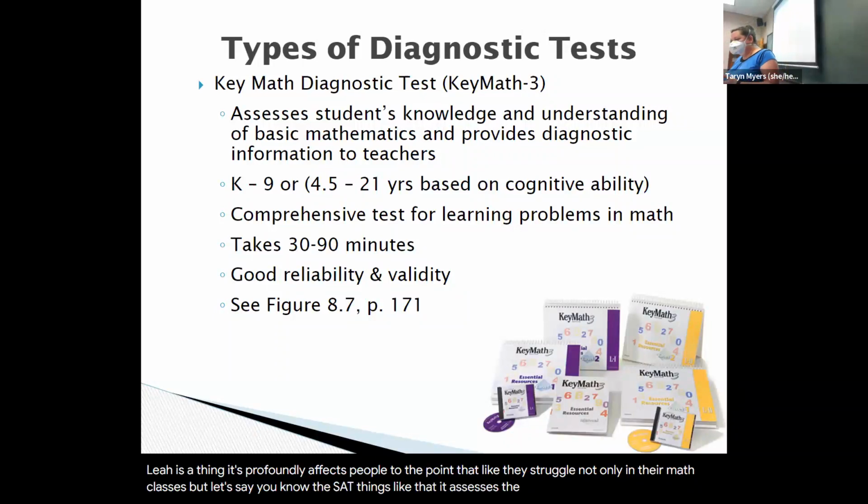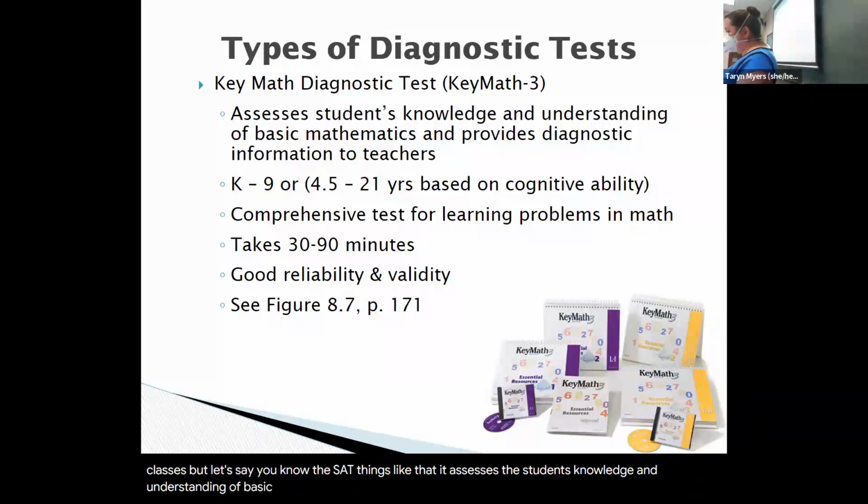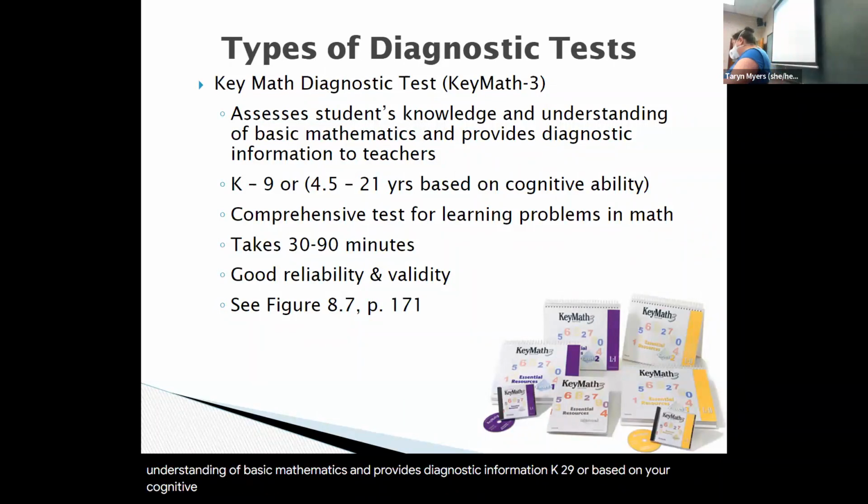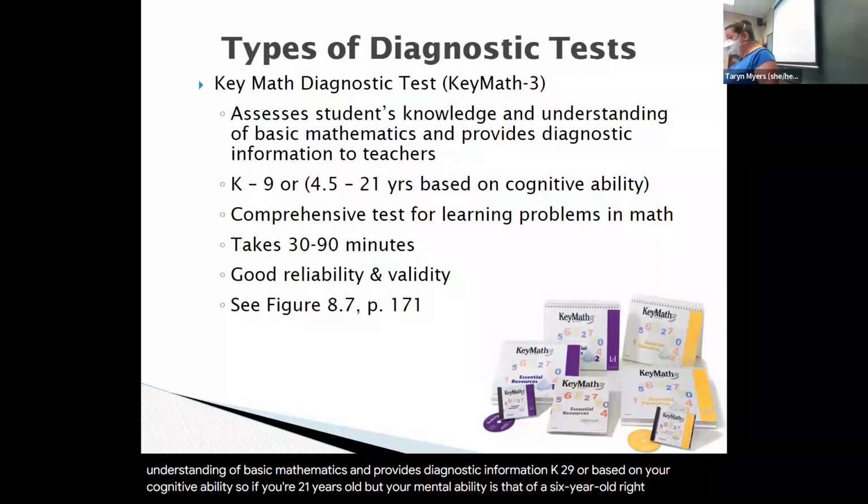It assesses the student's knowledge and understanding of basic mathematics and provides diagnostic information. K to 9, or based on your cognitive ability. So if you're 21 years old, but your mental ability is that of a 6-year-old, right? You can take this.